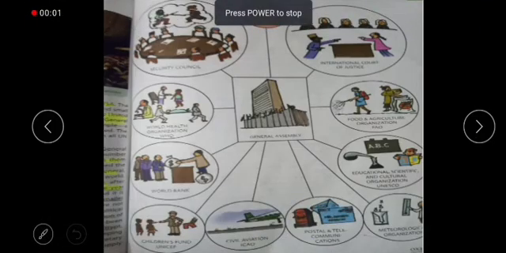And the decisions taken up by the United Nations and the Secretariat are implemented by these departments all over the world.